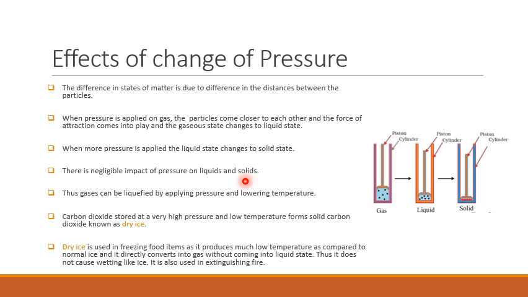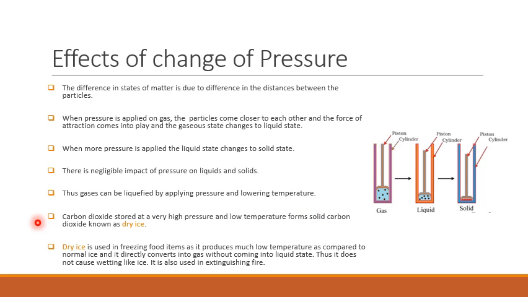We have studied this when we were studying the properties of solids and liquid, that they are incompressible. So we can change a gaseous state to liquid or solid by applying pressure. So in this way, the gases can be liquefied by applying pressure and lowering the temperature of the gas.